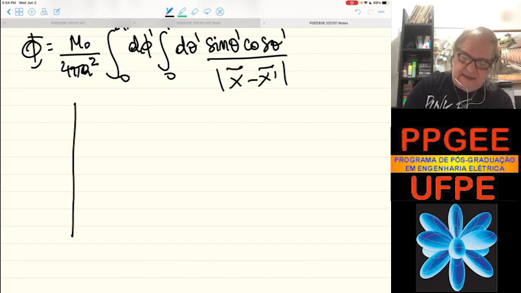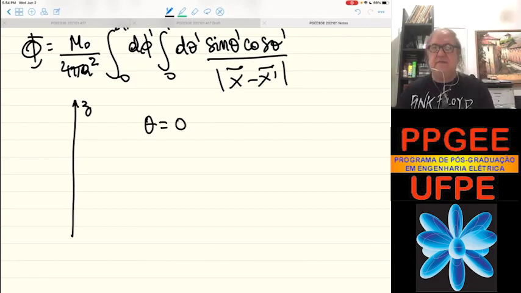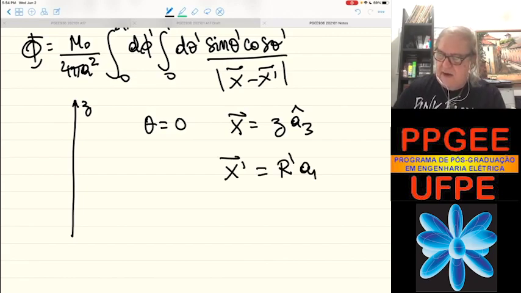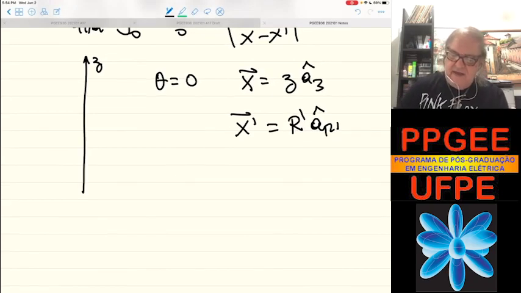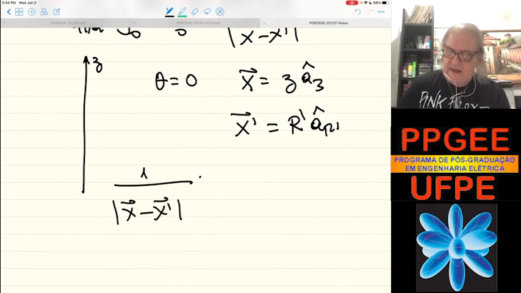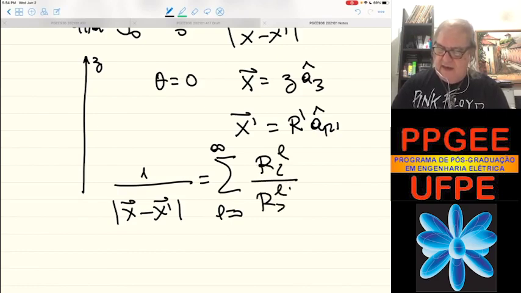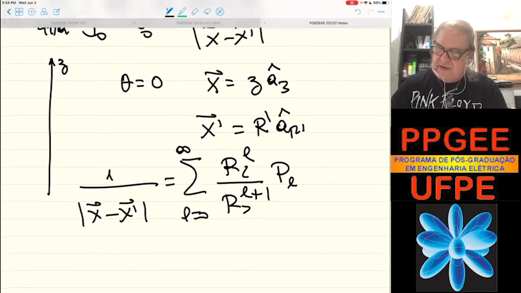So on the z-axis, theta is going to be 0, right? So x is going to be z a_z. x prime is going to be r prime a_r prime. So the inverse distance function can be expanded in this case like this one: r smaller to the l over r larger to the l plus 1, times P_l cosine gamma.